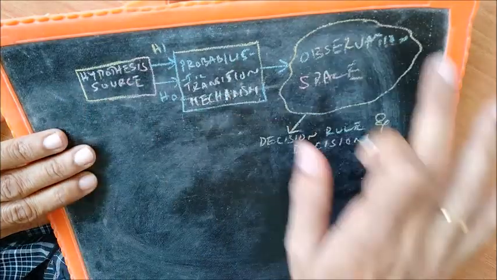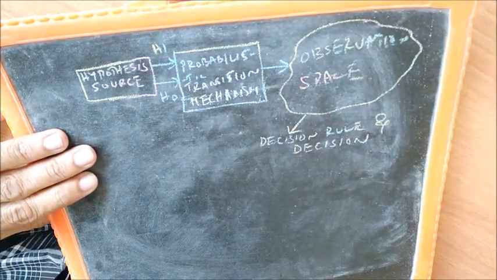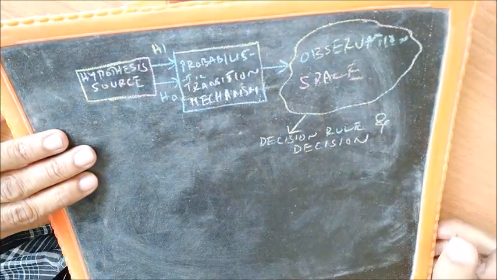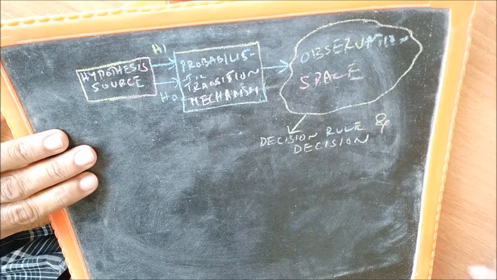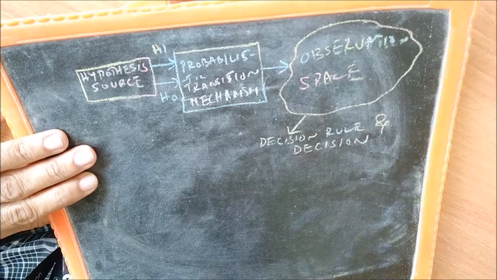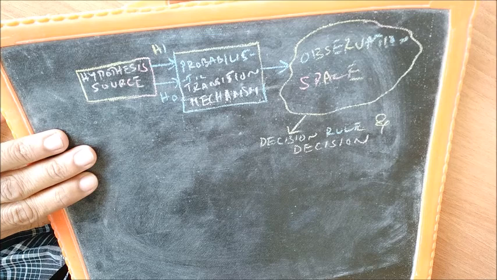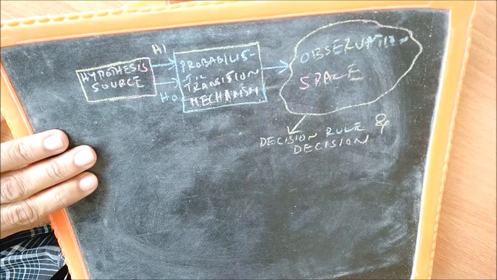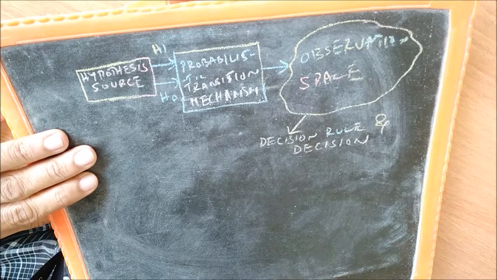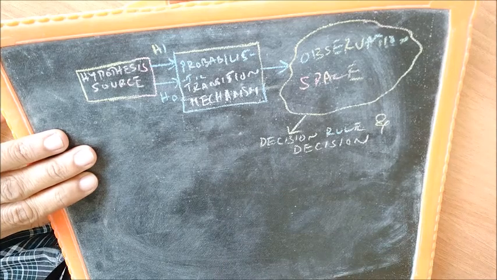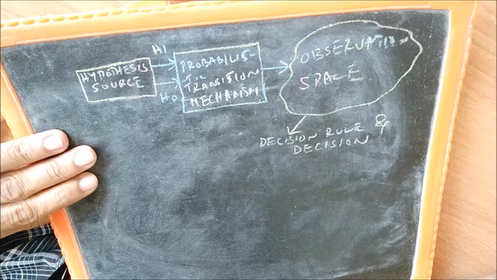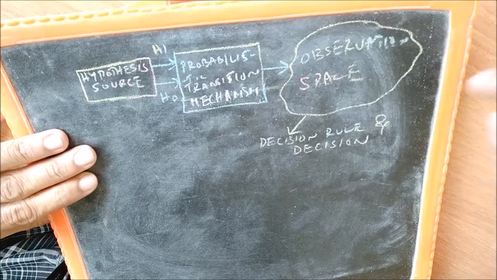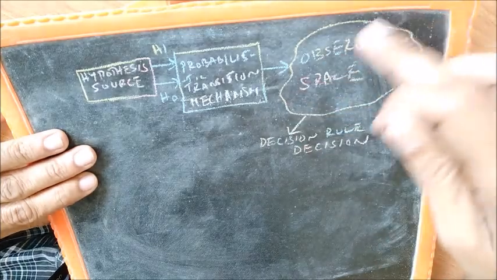So as per this model, which is a basic model with which we will understand the classical detection theory, there is a source of hypothesis which is either H1 or H0. We don't know a priori. The hypothesis passes through a probabilistic transition mechanism, and the output of that mechanism is used to form an observation space.